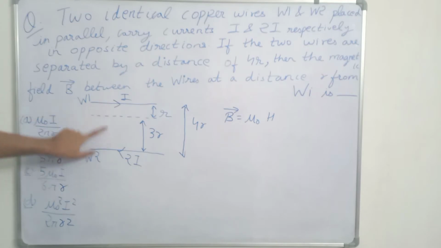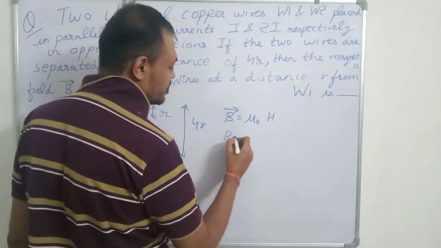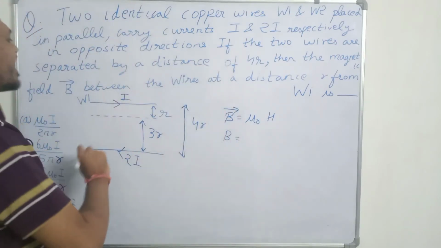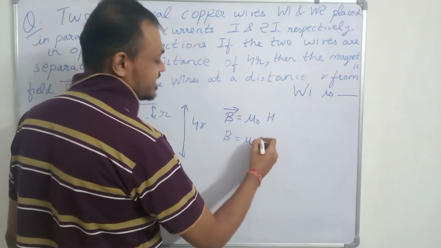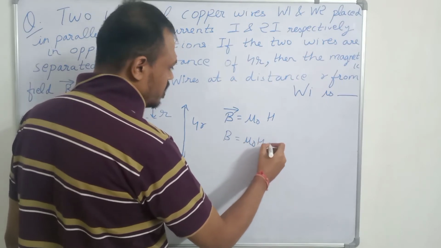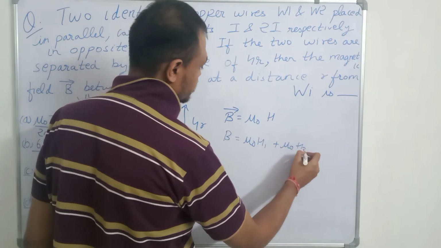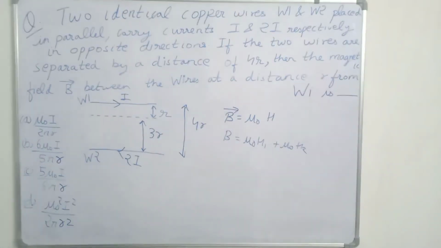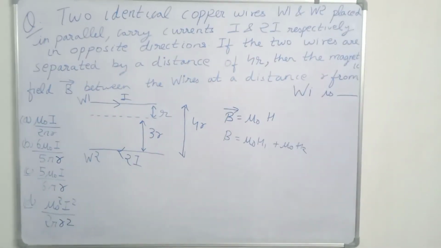So B vector will be equal to, and we have to only find the magnitude of the magnetic flux density, mu naught H1 plus mu naught H2, where H1 is the magnetic field because of the first current carrying wire and H2 is the magnetic field because of the second current carrying wire.